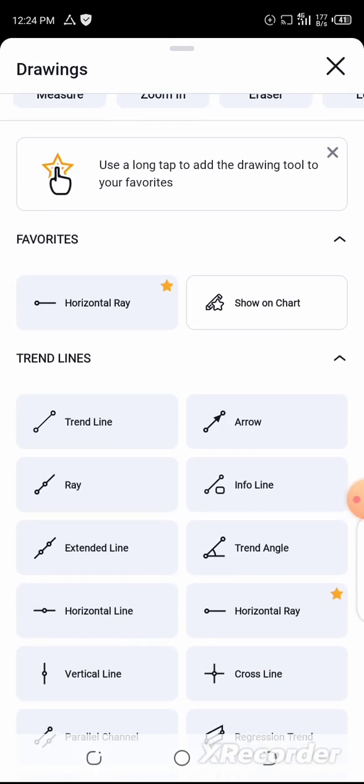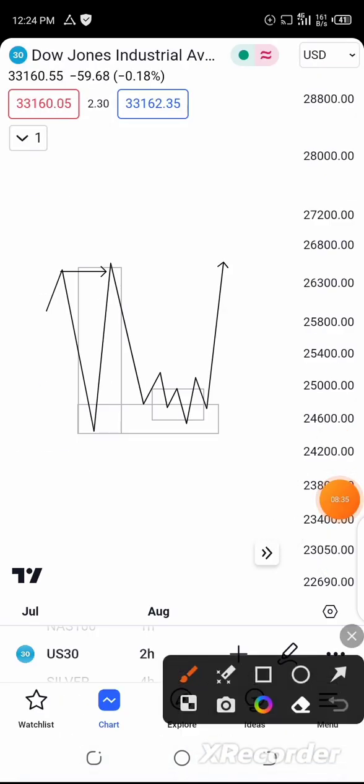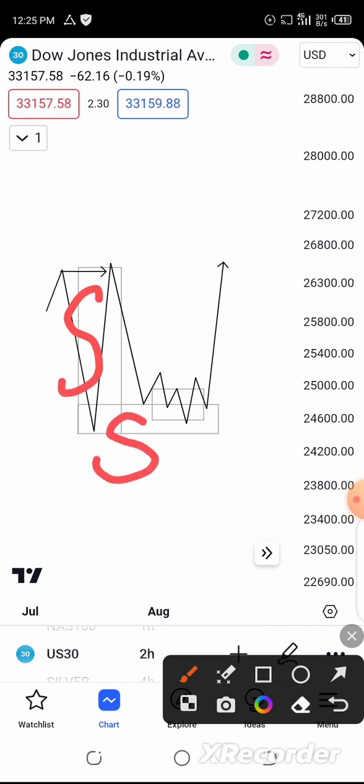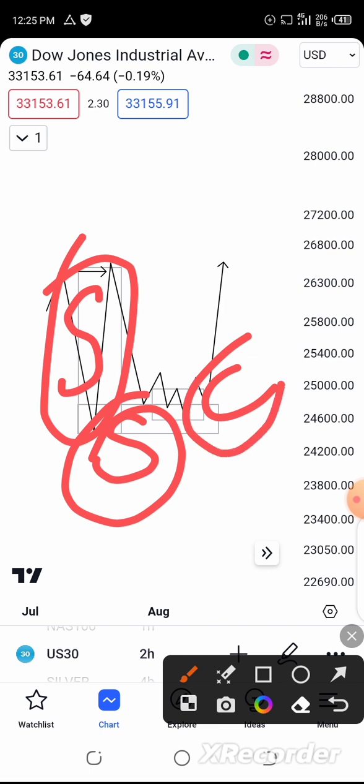So this would act as the S, and this would act as the S, and this would act as the C. So you have S, S, C, right? Those are the three things that you need for a valid setup.